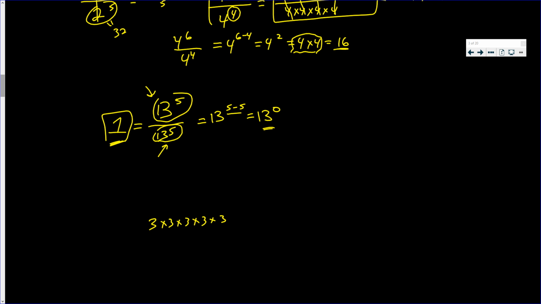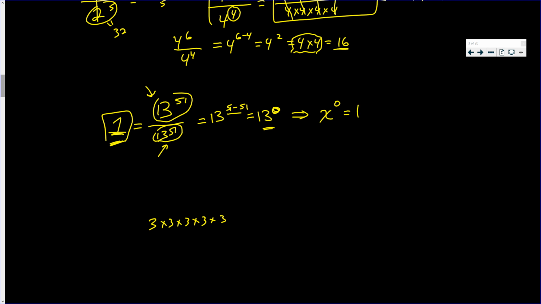Now, what if you had 13 to the 51 divided by 13 to the 51? You're still going to get 1. And when you do 51 minus 51, you're still going to get 0. This is telling us that x to the 0 is 1.